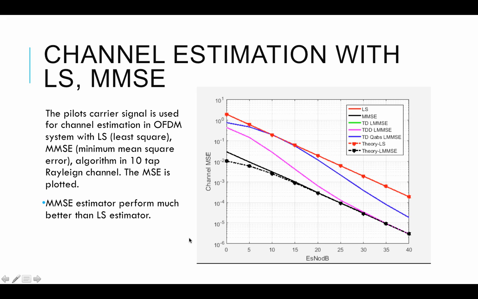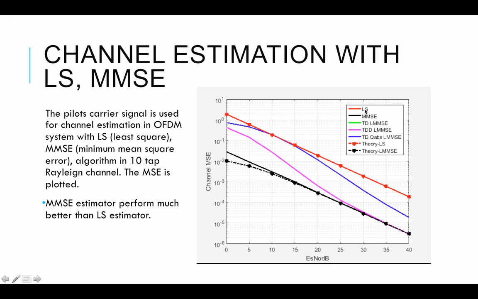Now what we can do is add an estimator that will do a calculation of least squares or minimum mean square error from the pilot signals that are transmitted for each symbol. This algorithm is applied with BPSK and 10-tap Rayleigh channels.